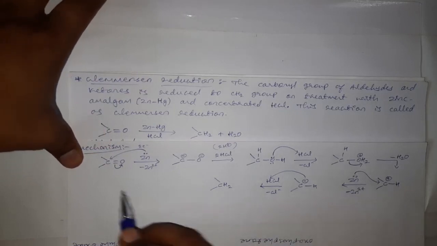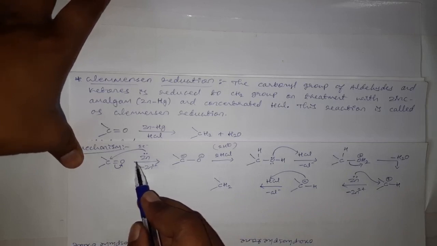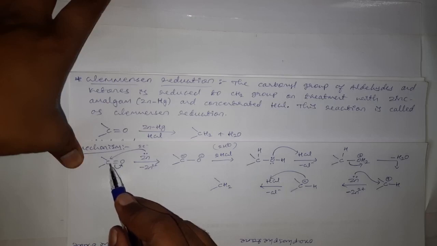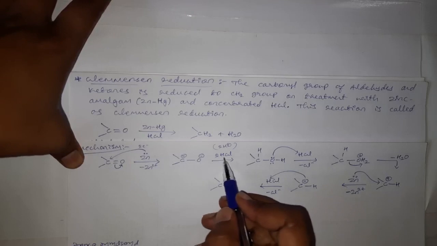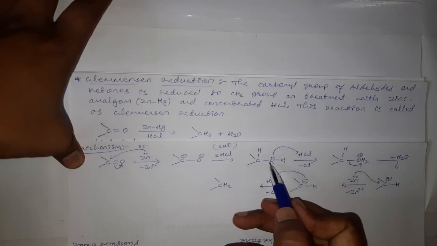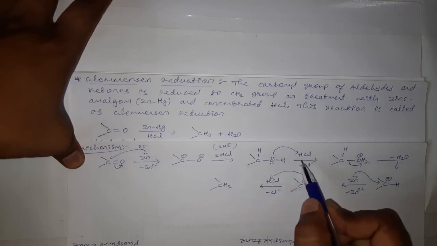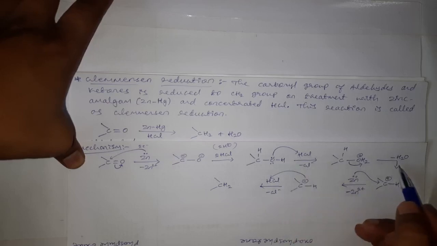See, first what happens when the carbonyl compound is treated with zinc amalgam: the zinc donates a pair of electrons to the carbon, and both carbon and oxygen get a negative charge. When this is treated with an acid, that is HCl, both negative charges get protonated. With one more molecule of hydrochloric acid, the oxygen abstracts a proton, and in the next step it goes out as H2O. Dehydration takes place, forming a positive charge on the carbon, because the carbon now has only 3 bonds.